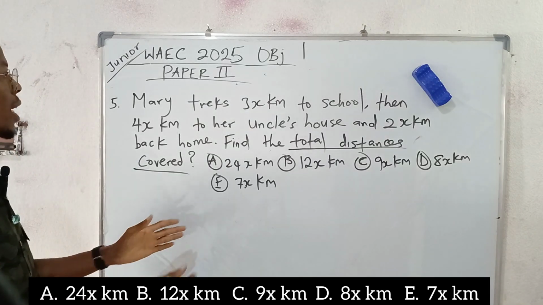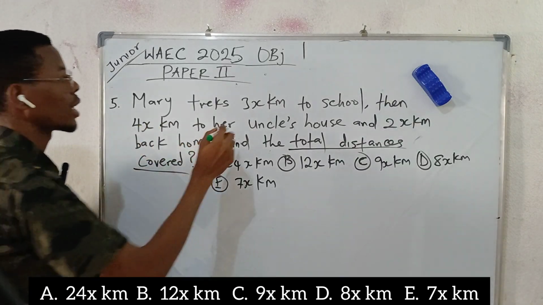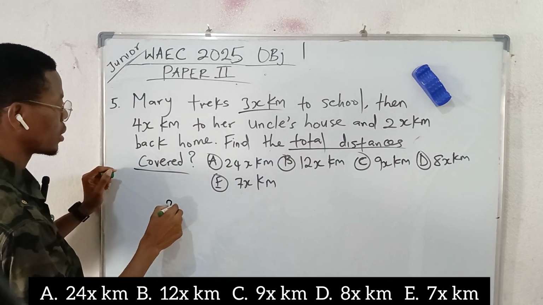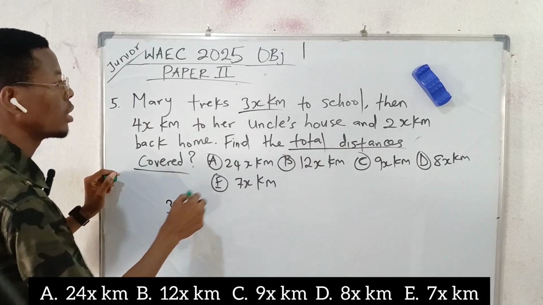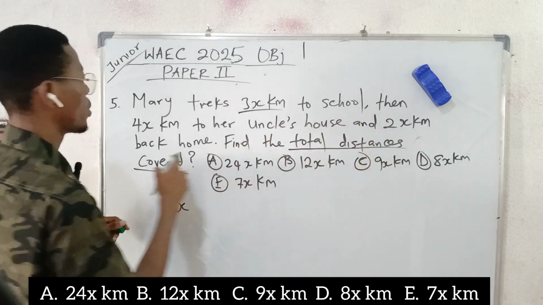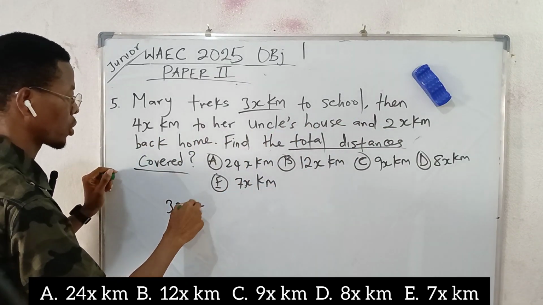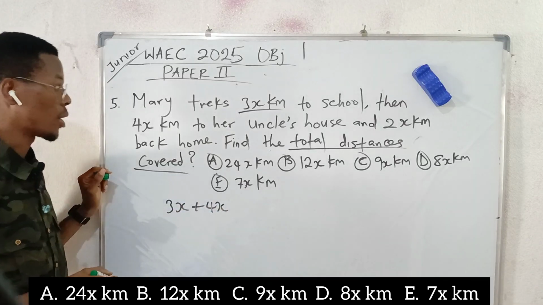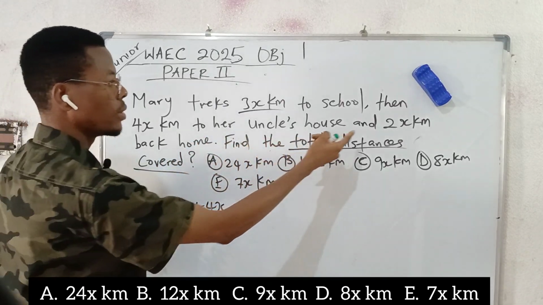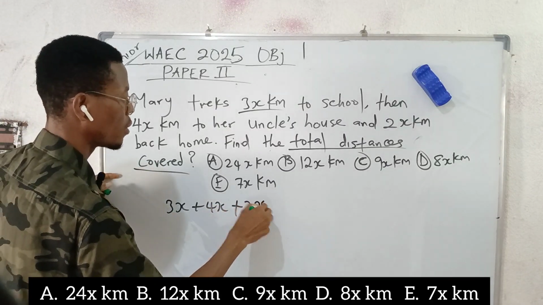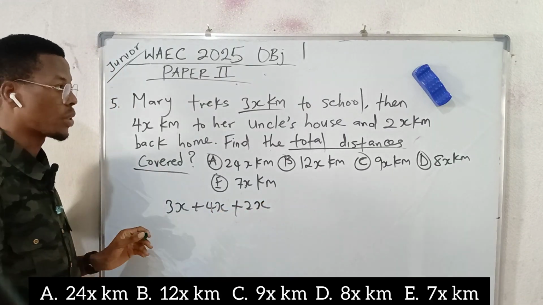Let's look at it. She trekked 3x kilometers first. Are you seeing it? That is 3x. Let's bring it down here: 3x. Then what else? She also trekked 4x kilometers to her uncle's house, which is plus 4x. Then 2x back home. That is plus 2x kilometers back home.